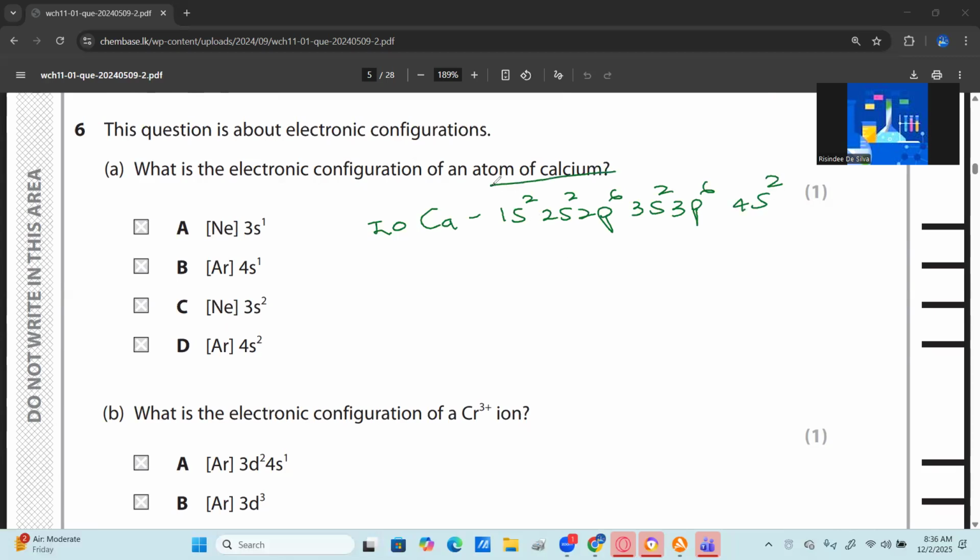Therefore, if I write it in the shorthand notation, as they have given, I can write argon, as 18 is the electronic configuration of argon. Therefore, the correct answer is D, argon and 4s2.